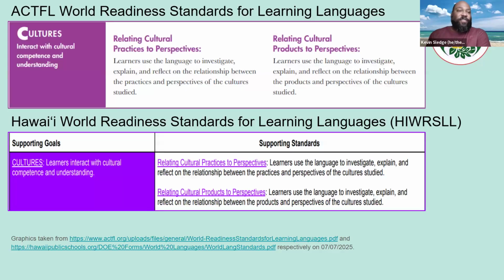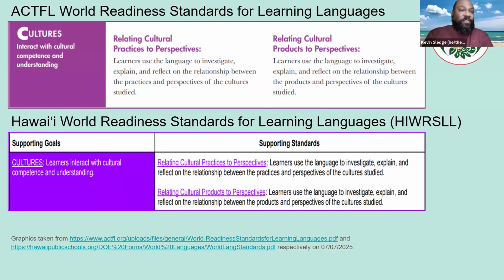We can define culture as ACTFL in their World Readiness Standards for Learning Languages and as the Hawaii World Readiness Standards for Learning Languages has. You'll notice that these are very similar. The Hawaii World Readiness Standards for Learning Languages, HIRISL, as you might hear me refer to it, was largely based on the ACTFL World Readiness Standards.